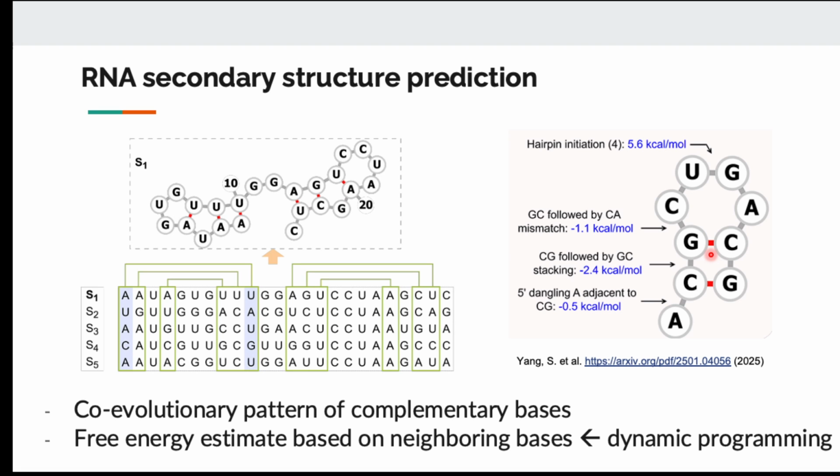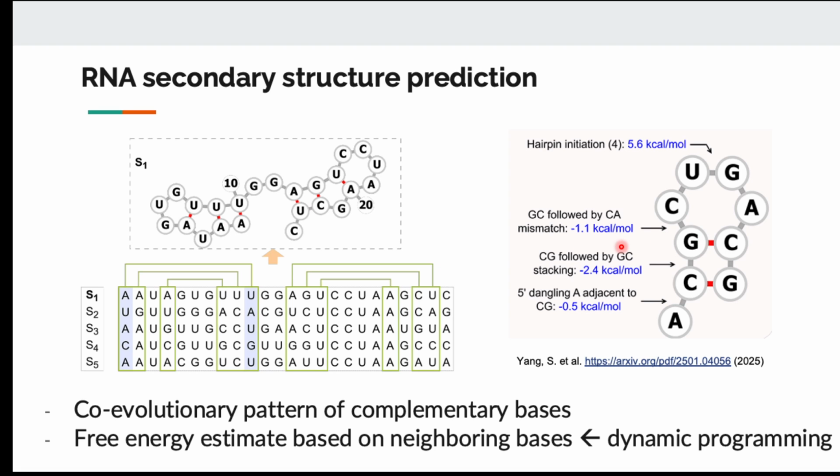It's so flexible. What's forcing this C to meet this G? There are no real forces. It's random from our perspective. But still, we can try to search for the base pairing that minimizes the energy.